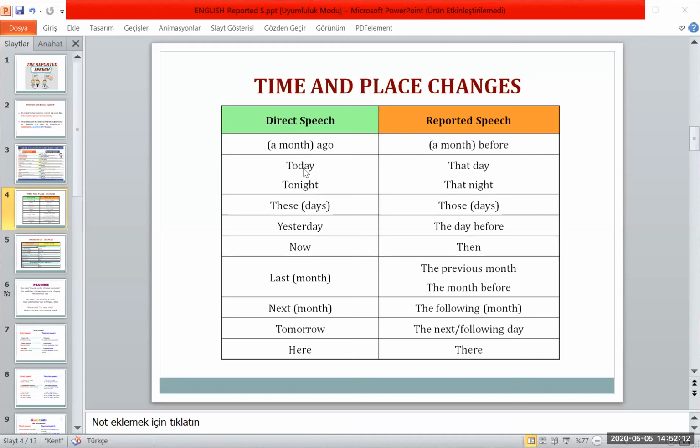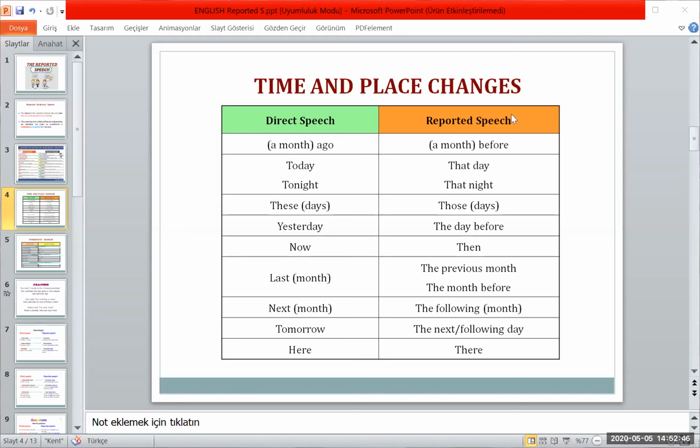"The day" will change into "that day." "The night" will change into "that night." "These days" will change into "those days." "Yesterday" becomes "the day before." Yesterday is in direct speech, the day before is in reported speech. "Now" in direct speech will change into "then" in reported speech.